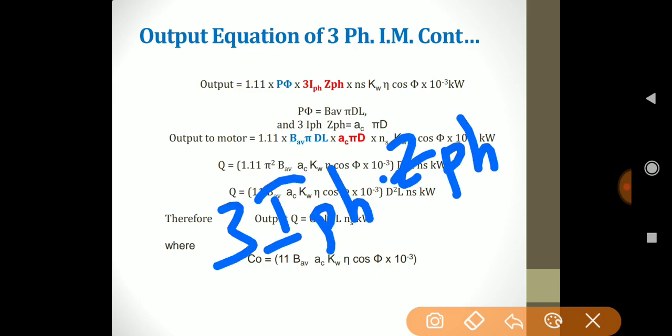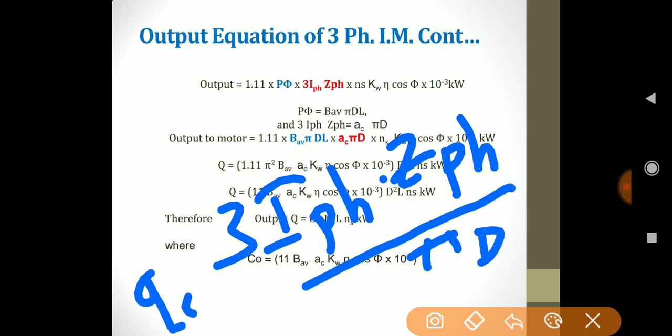These are the total ampere conductors. When you divide it by pi D, that becomes specific electric loading, Ac.